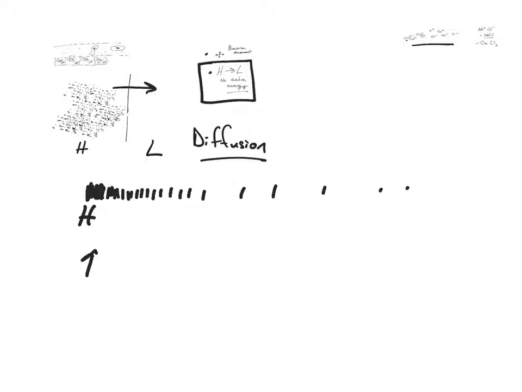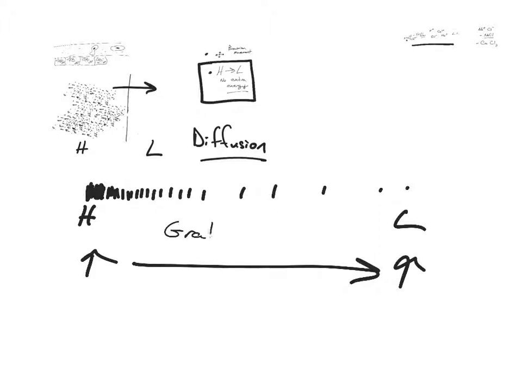So you go from high to low. As you move from high to low, this is called a concentration gradient. Is that clear? That's what we mean by concentration gradient. You're going to see that a lot when we start to talk about cellular respiration, photosynthesis. It's called a gradient. So we go from high to low, and we call that movement diffusion.